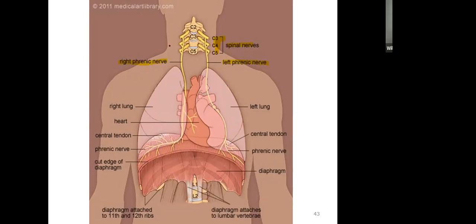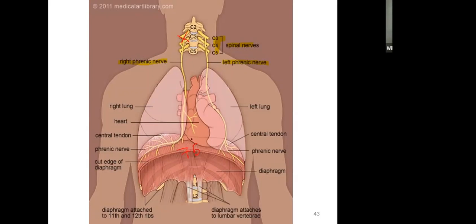So a little bit of clinical correlation for you here. If a patient is having surgery to the neck and the surgeon inadvertently damages the phrenic nerve, the patient is going to lose function. Remember that the diaphragm is responsible for 75% of overall functional range when it comes to the lung.